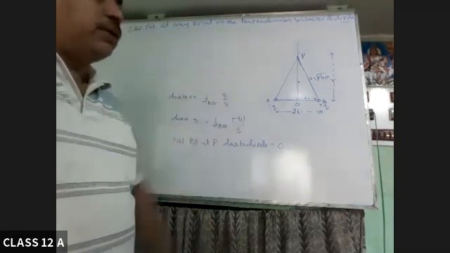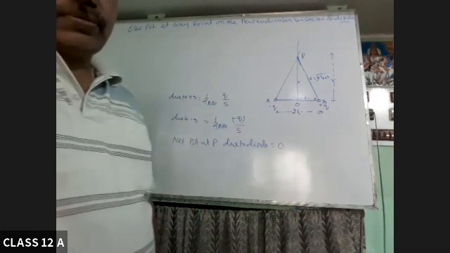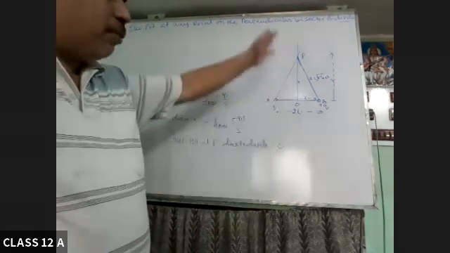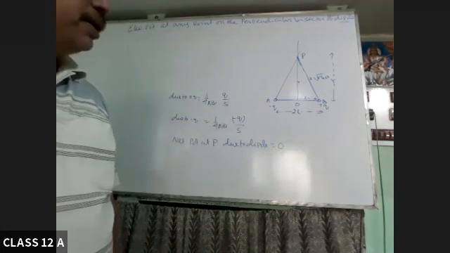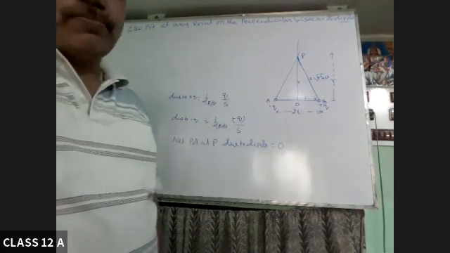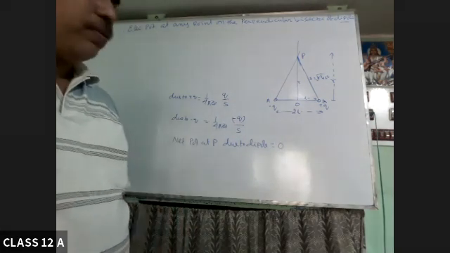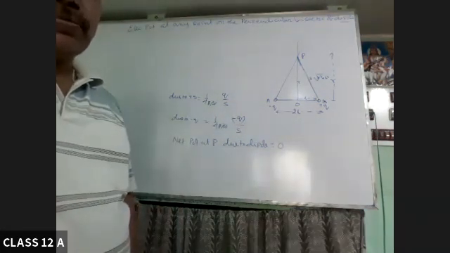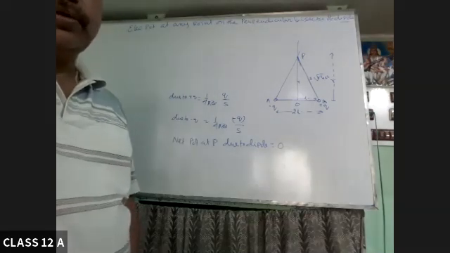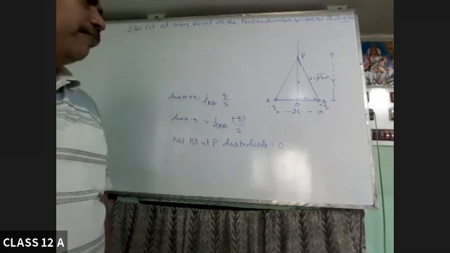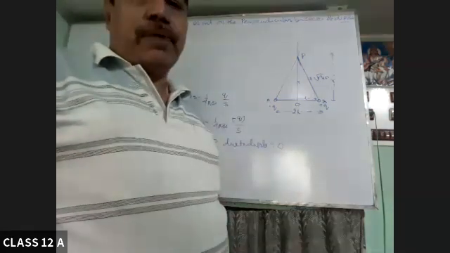When electric potential is 0, that doesn't mean electric field is 0. We have calculated the electric field already. What was that? Electric field intensity at any point on the perpendicular bisector was 1 by 4 pi epsilon naught, minus P over R cube, when R was much more than L, and it was opposite to the dipole moment.